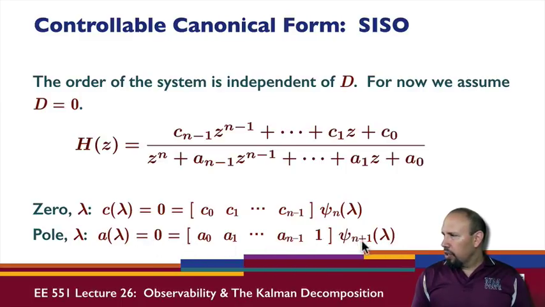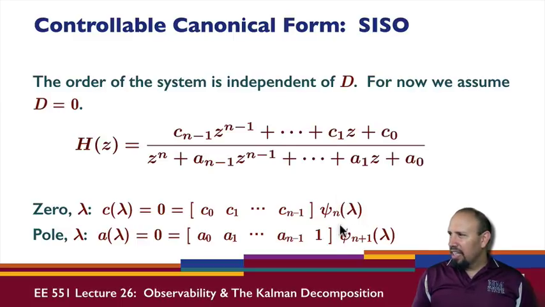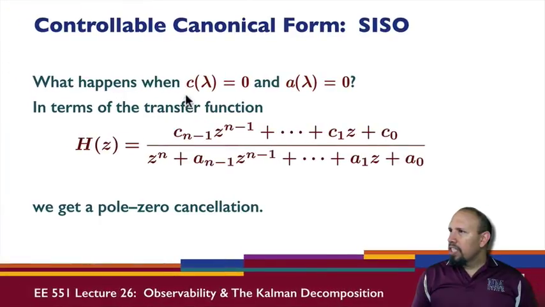So notice I have n plus 1 here because this denominator in general is of order greater than the numerator. So I have this. But remember, this is actually an eigenvector. And this is kind of like an eigenvector, only it's larger dimension. Okay, so what happens when C of lambda is equal to 0 and A of lambda is equal to 0? So this is a pole and this is a zero. In terms of the transfer function, we get a pole-zero cancellation.